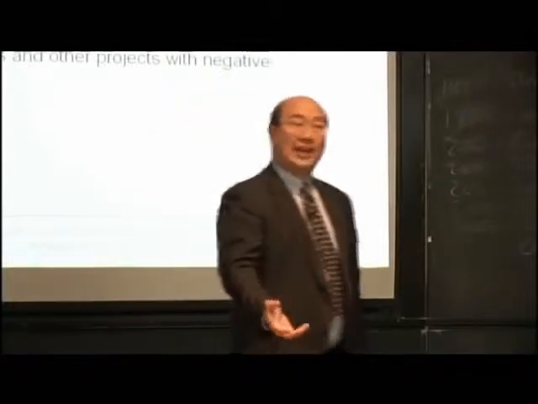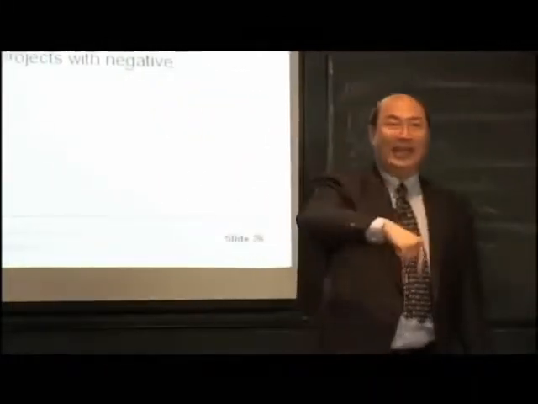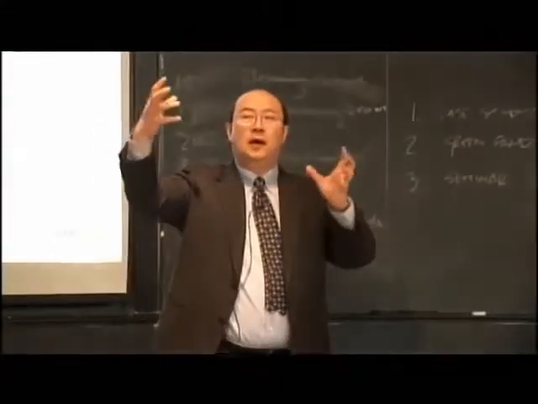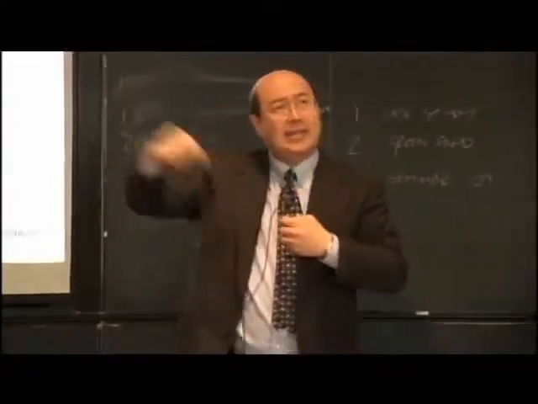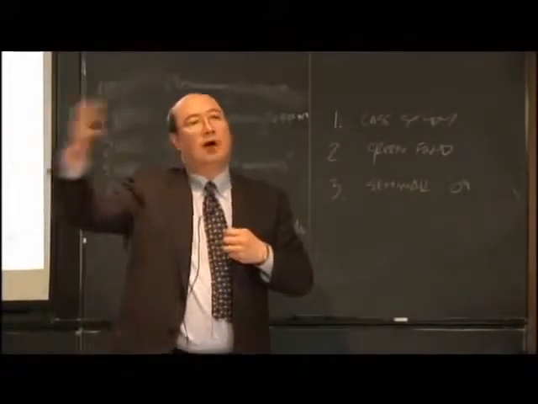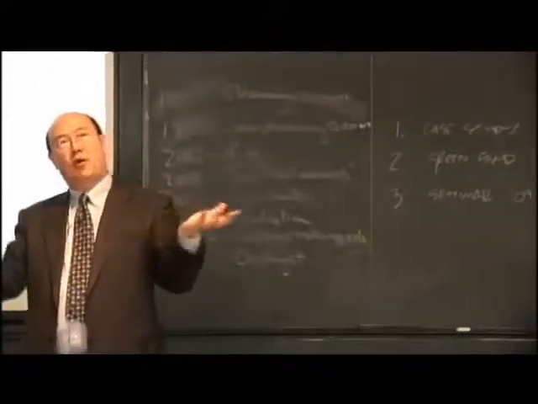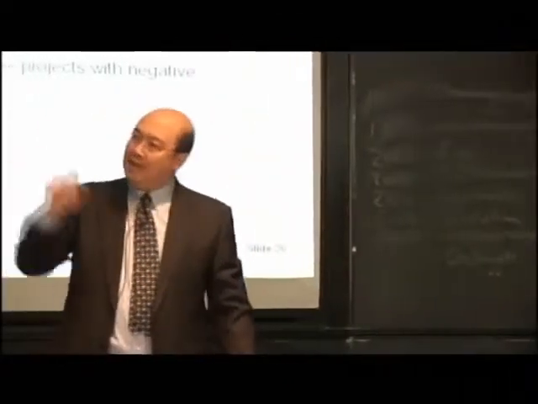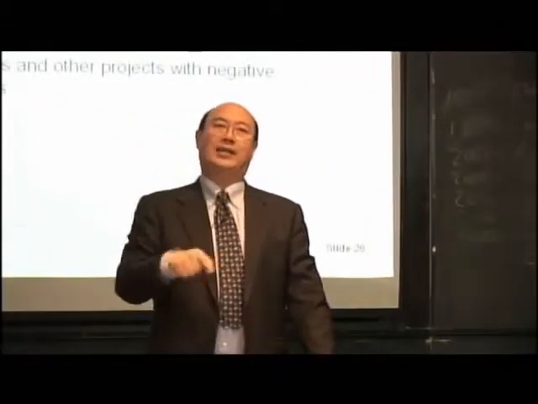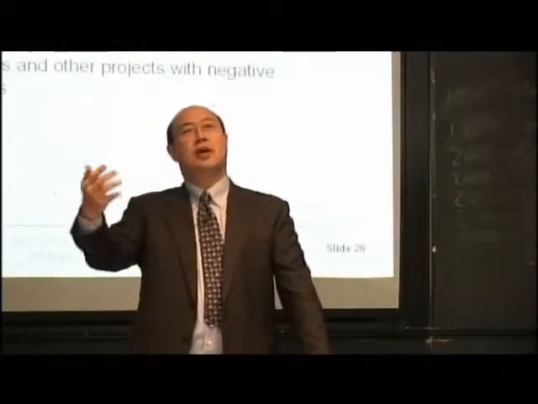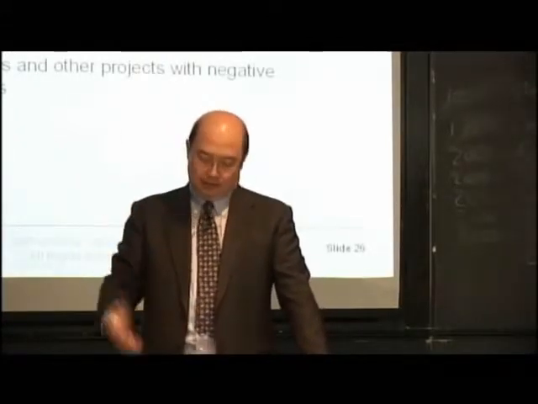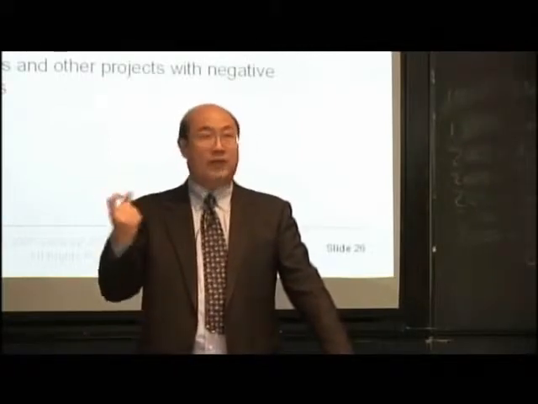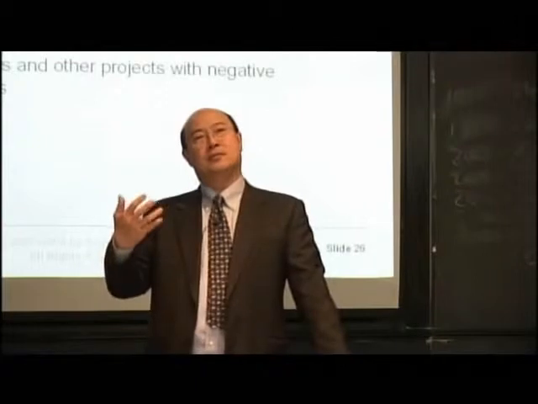Loans meaning you have a positive cash inflow today and negative cash going out tomorrow and the day after, like a mortgage. With a mortgage, you get money up front and you're paying money out later on. If you do that, then you've actually got to flip around the ranking and take loans with smaller IRRs, not higher IRRs. And finally, it also ignores scale because it's a rate of return. It doesn't look at dollars and cents.